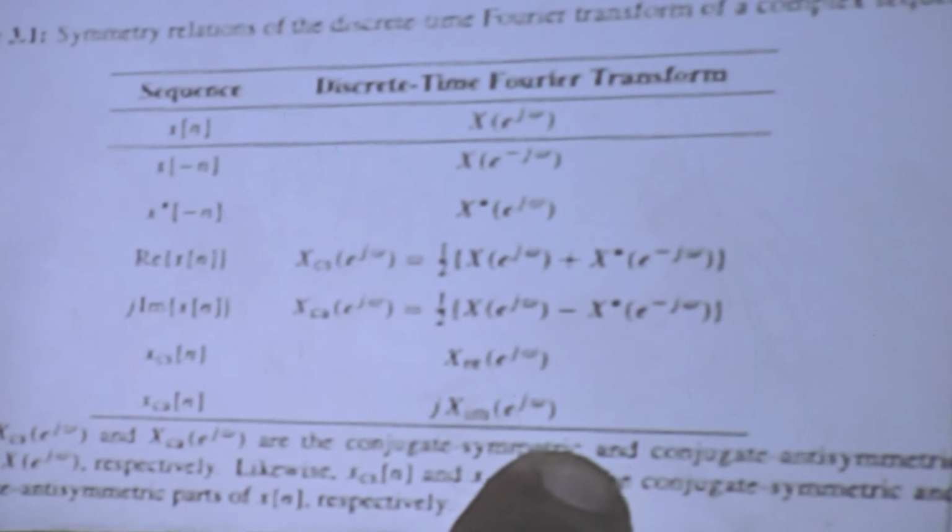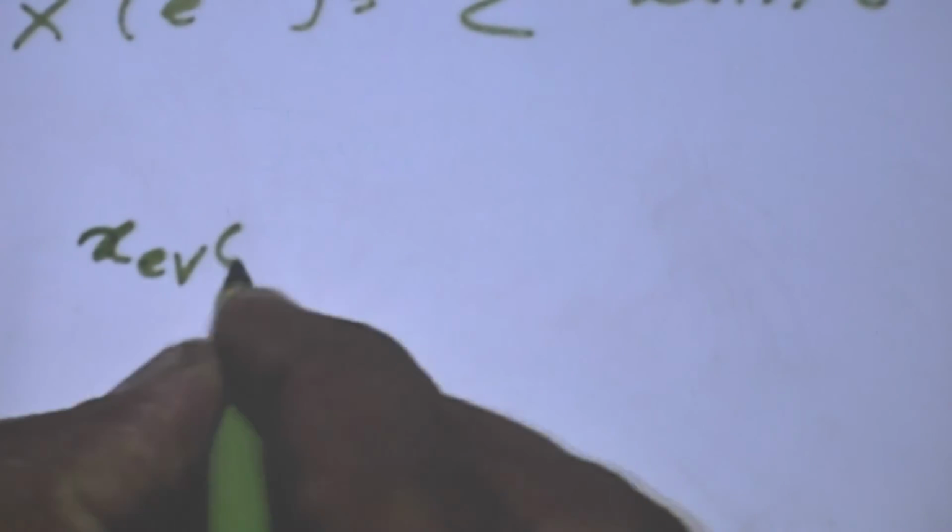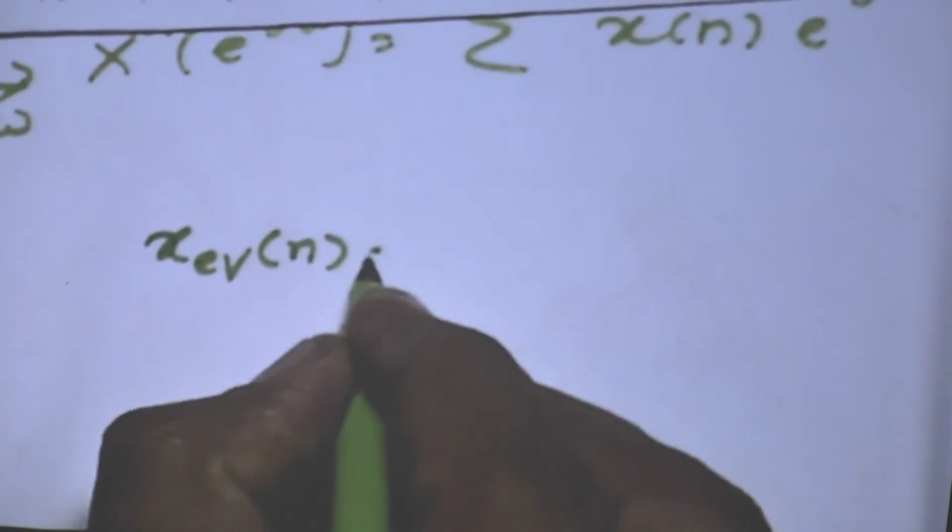This conjugate symmetric is equivalent to even in the case of real functions. I repeat that part. Is that okay? Have you noted that down? Okay. X even function is x[n] plus x[-n].